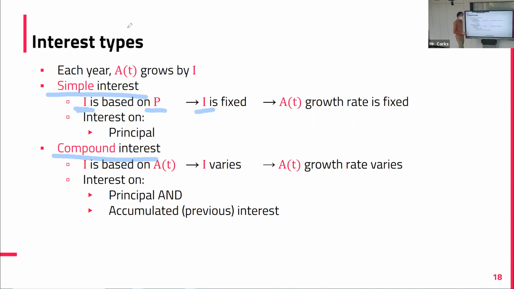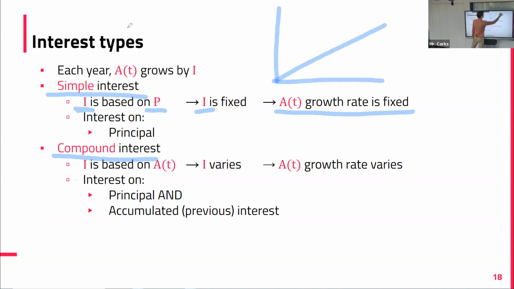The original value never changes, so the dollar value of the interest we pay also never changes, it's fixed. So the growth rate is also fixed because it's growing at the same rate. If we put it on a graph, it would just be a straight line like this, fixed growth.